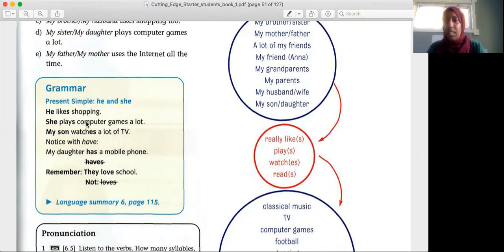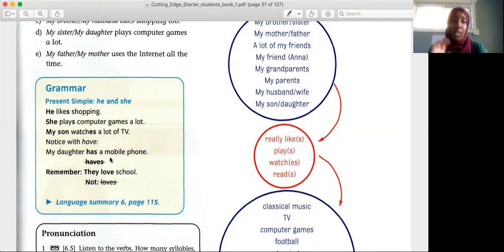Like I said, this English comes from different languages and cultures, so not all of it makes sense. Like here, my daughter has a mobile phone, not haves. Why?